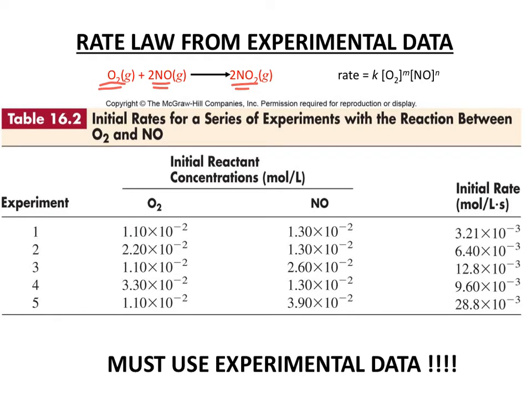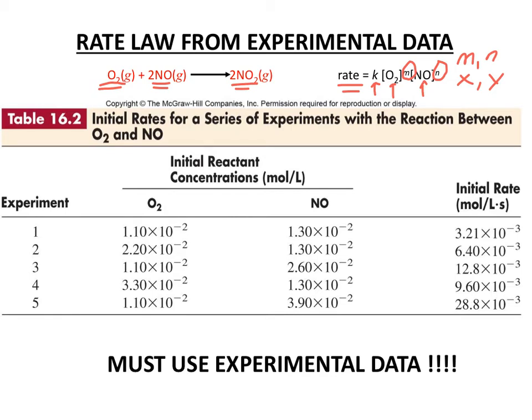So writing a generic rate law for this, we would say rate equals K times the one reactant, oxygen, and in this case they use M, could be X, doesn't matter. So oxygen to the M order and nitrogen monoxide, the other reactant, to the N order. So M and N could easily be X and Y, doesn't matter.